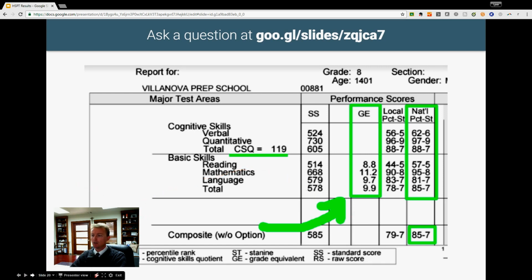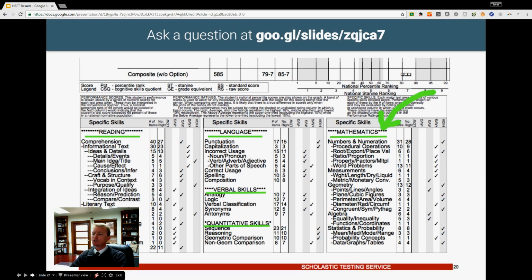Now moving right along. So direct your attention to the lower portion of that performance profile and you will see the specific skills category. Now specific skills really do have to do with those 5 sections.